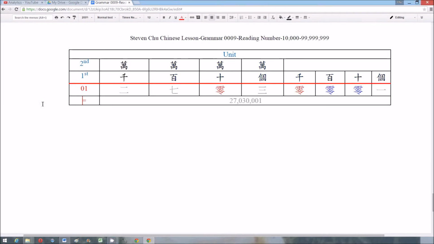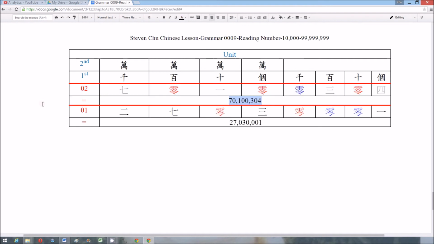We have two examples. The first one is 27,030,001. In this case, we have to read these zeros because each of them is in between two numbers. But we don't have to read all of them. So this number is read as 2千七百零三万零一.